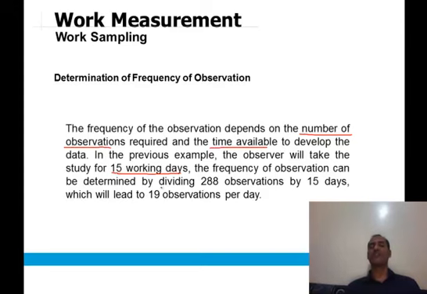From the number of observations and the period, we can determine the frequency by dividing the number of observations by 15 days, which gives 19 observations per day.